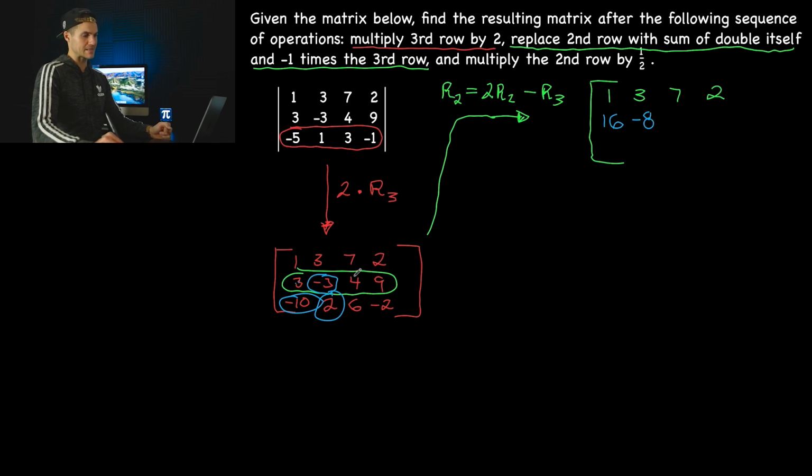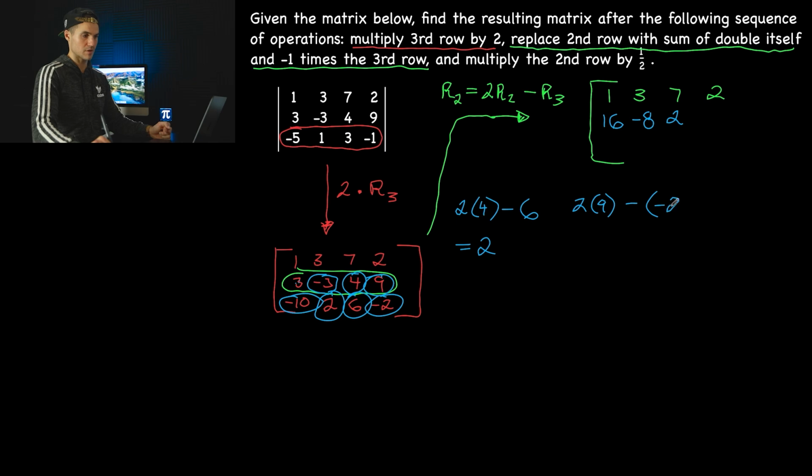Moving on to the next element. So we have this 4 here. We're going to replace that 4 with double itself, 2 times 4, minus the third row element, right, in that column, which is 6. So that's going to be 8 minus 6, which is 2. So the 2 is going to go there. And then finally, the last column, so we're going to take 2 times that 9 minus the -2.